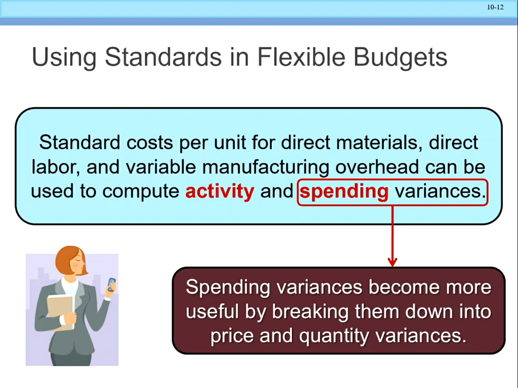We then investigate the spending variance, whereby the actual spent for 80 units is different from the budget we prepared for 80 units. We are interested in that variance because the units are the same. So what happened there? Is it because we paid a different price, or because we used a different quantity? So we split the variance into the quantity side as well as the price side.